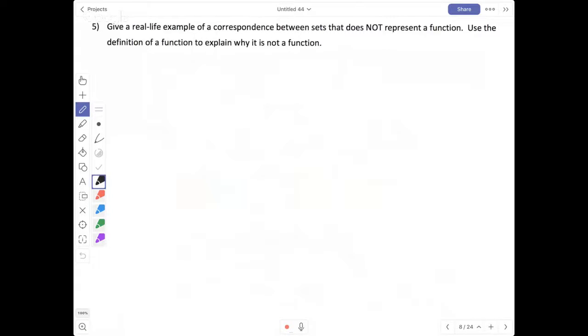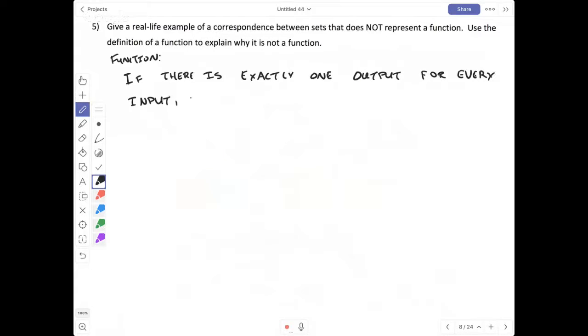So the definition of a function is, if there is exactly one output for every input, then a relation is a function.